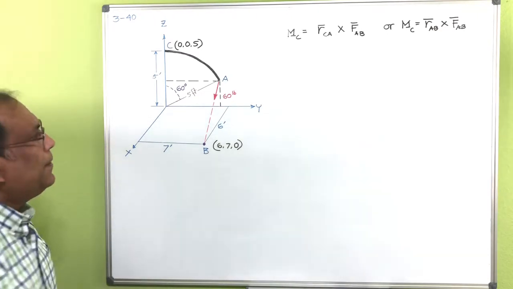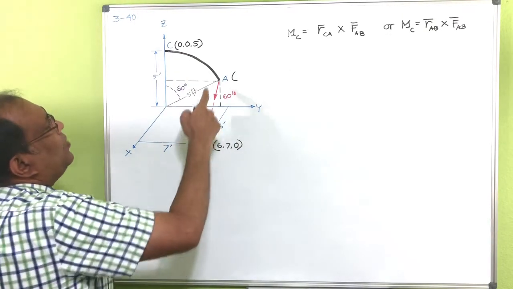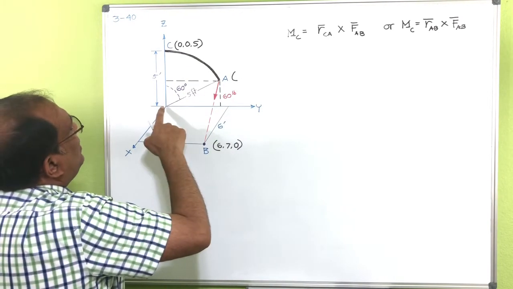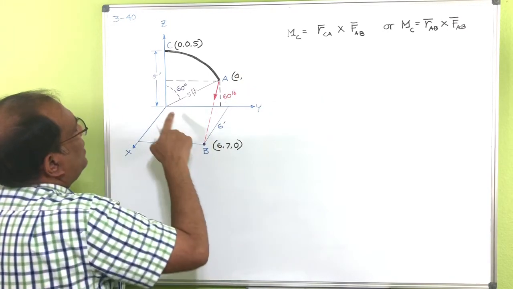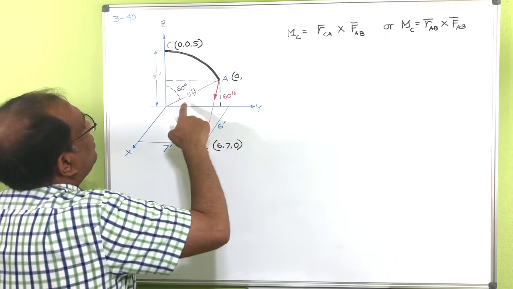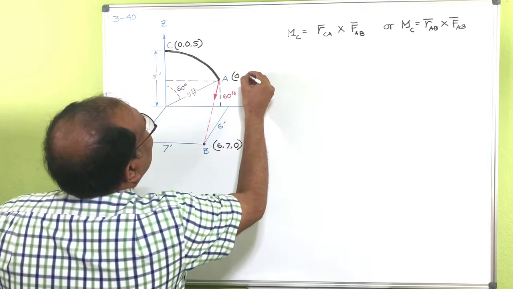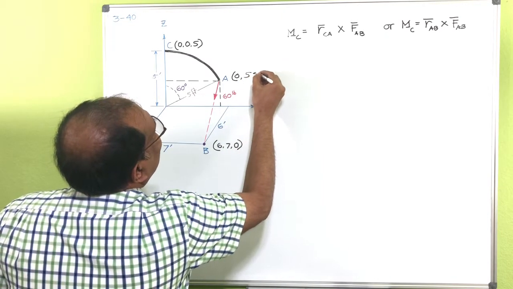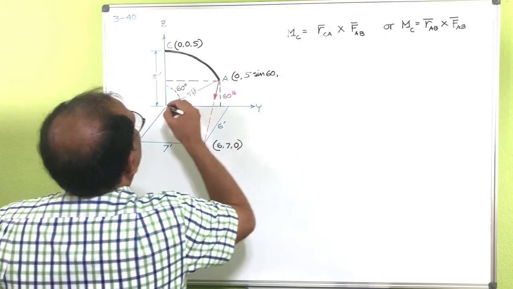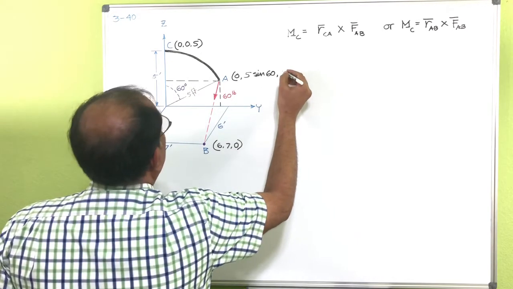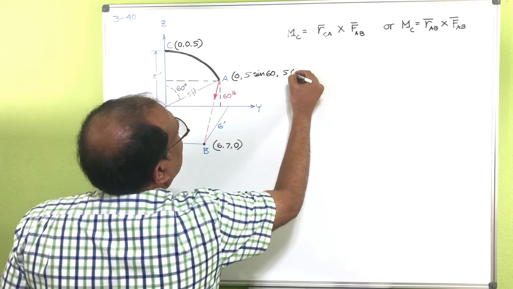Okay? Here you can see this is actually the YZ plane, and your x would be 0 because you don't have any values here, and your y would be 5 sine 60 degree, right? So 5 sine 60, and then this one in the z direction would be 5 cosine 60.